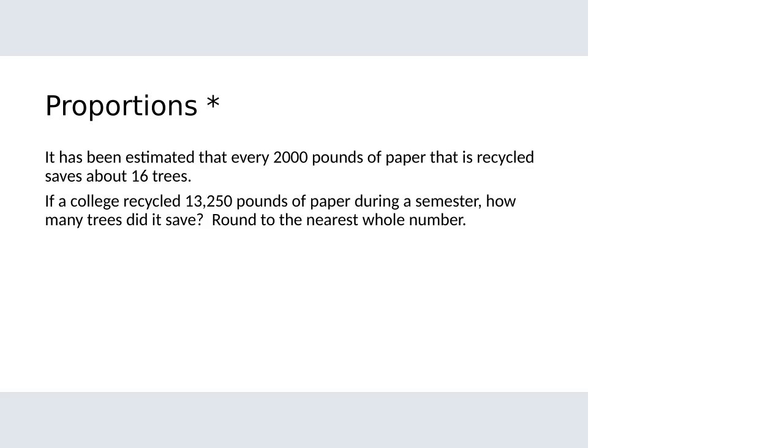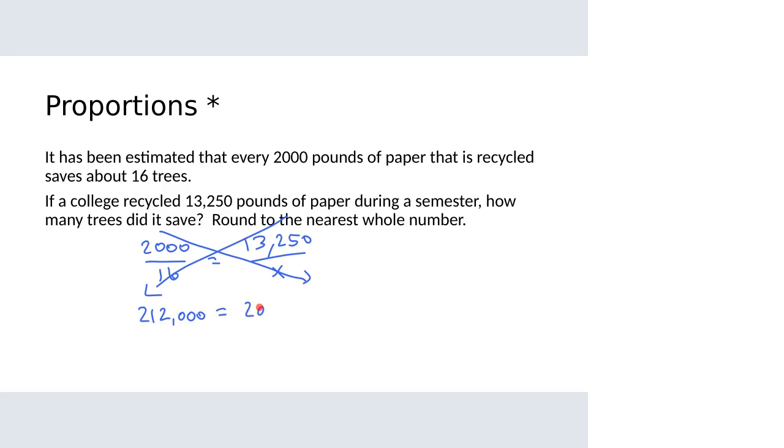Let me know if you have any questions. So as we saw before, 2,000 pounds corresponds to 16 trees. So 13,250 pounds corresponds to how many trees? We'll cross multiply. And so we'll have 16 times 13,250 is 212,000.